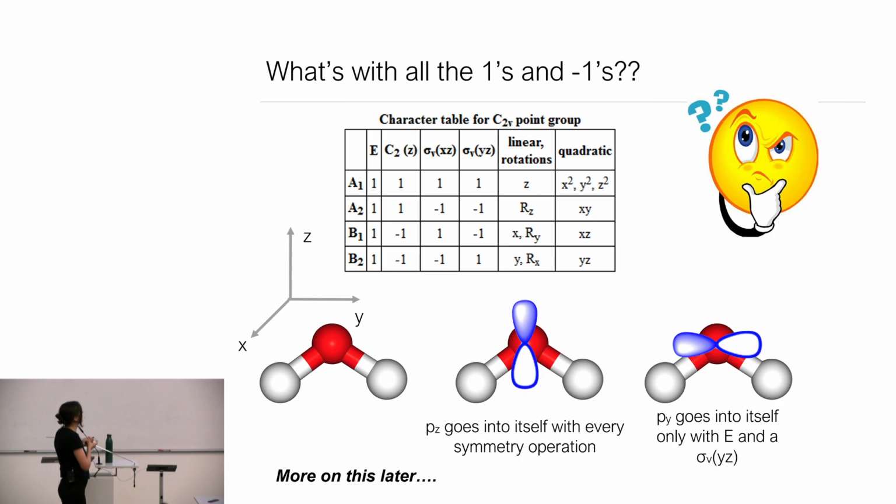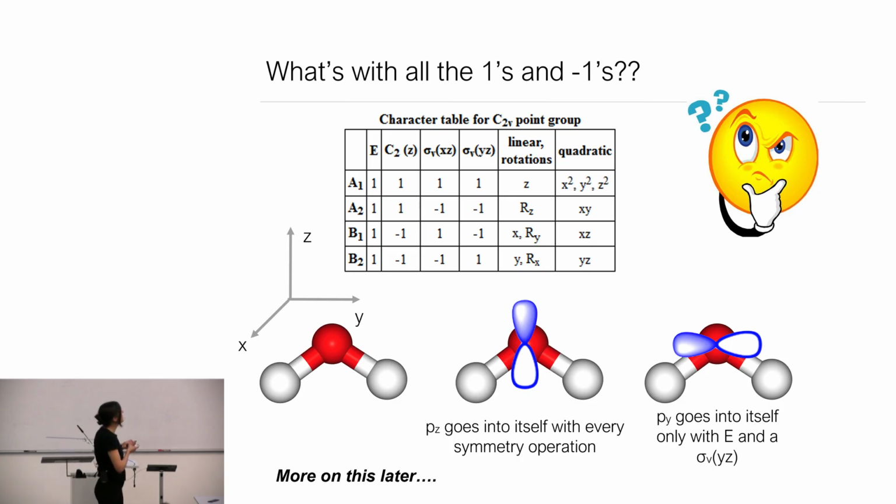If I do a reflection in the YZ or bisecting in the XZ plane, the PZ orbital always goes into itself. So it transforms as one under every symmetry operation, and that's exactly why a Z actually appears here in the character table. This is how PZ transforms in the C2V point group.